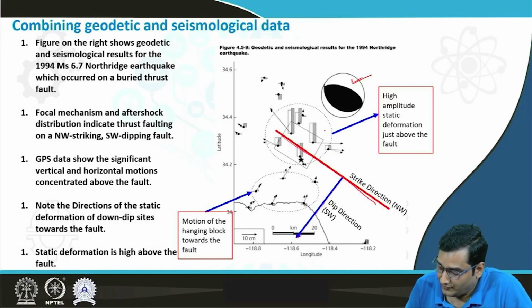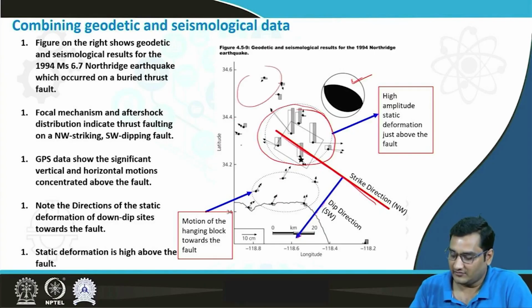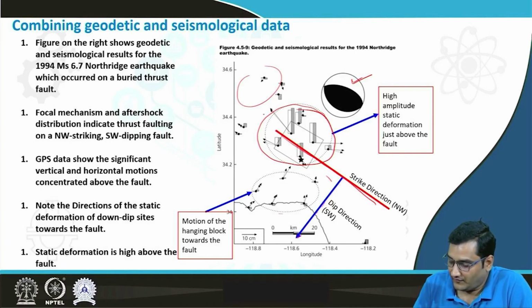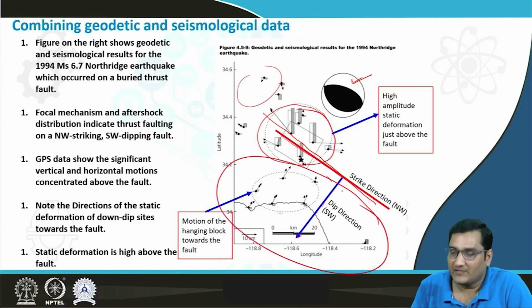So if you look at these bars here, this is just above the fault location. These are much higher than the other locations. Likewise, if the fault is located in this direction here, then this particular area is the hanging block, and this hanging block is moving up.